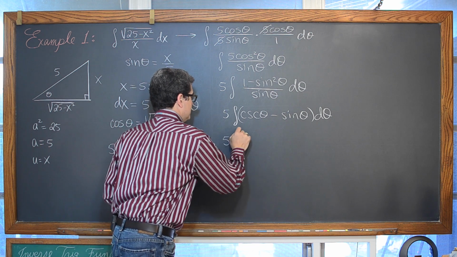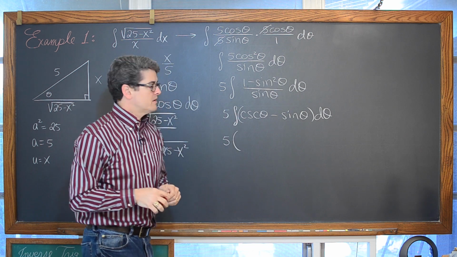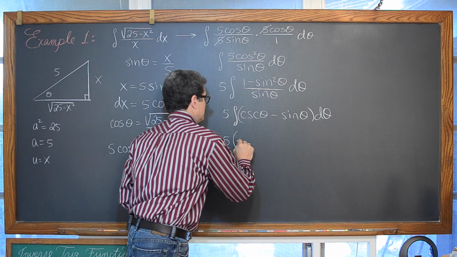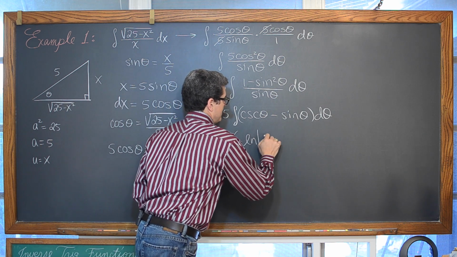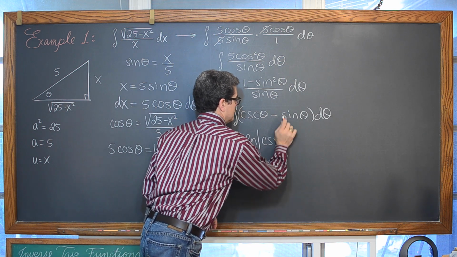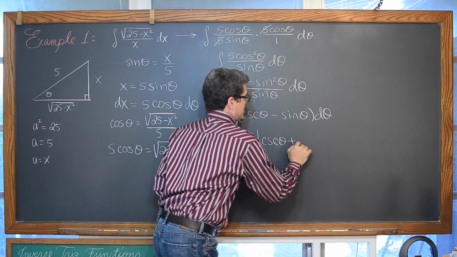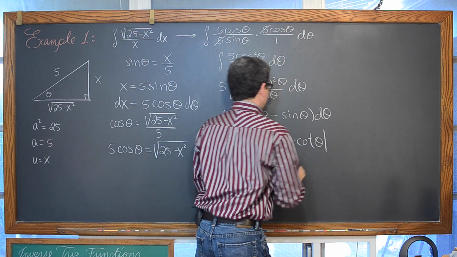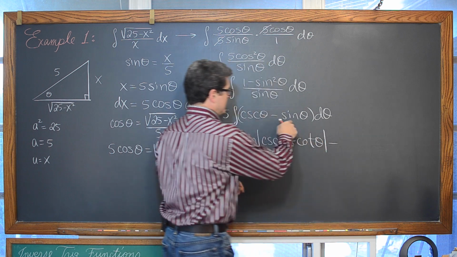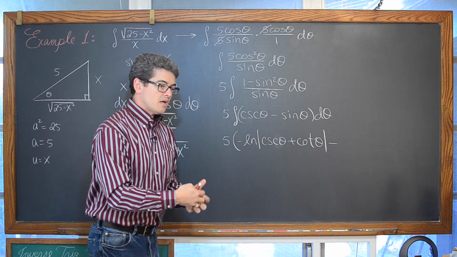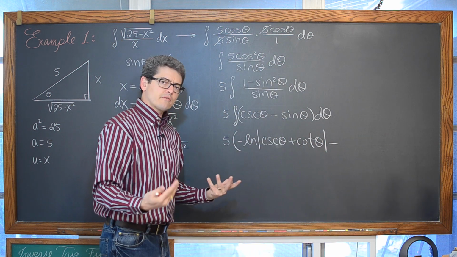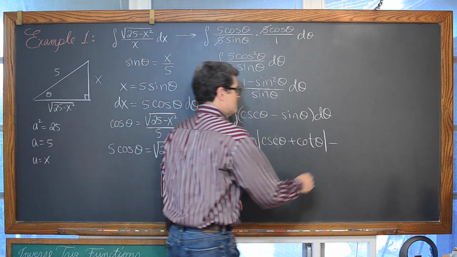We have 5 times the integral of the cosecant of theta, which is negative natural log of the absolute value of the cosecant of theta plus cotangent of theta, minus the integral of sine, which is negative cosine, because the derivative of cosine is negative sine. That's going to change that to a plus.